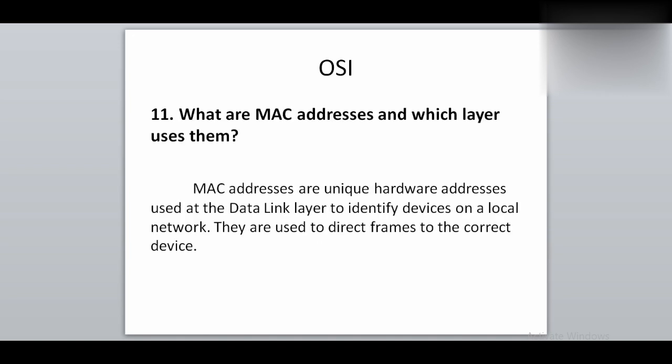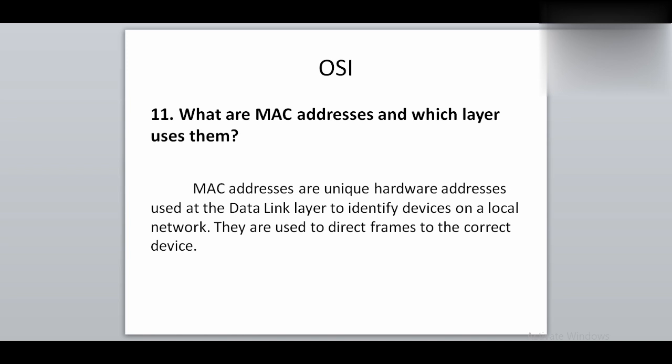What are MAC addresses and which layer uses them? A MAC address is a 48-bit physical address. Every device has a MAC address. It is a unique identifier of the hardware, and the data link layer uses the MAC address.